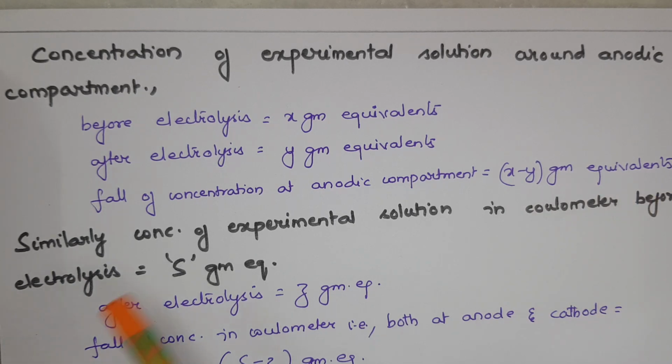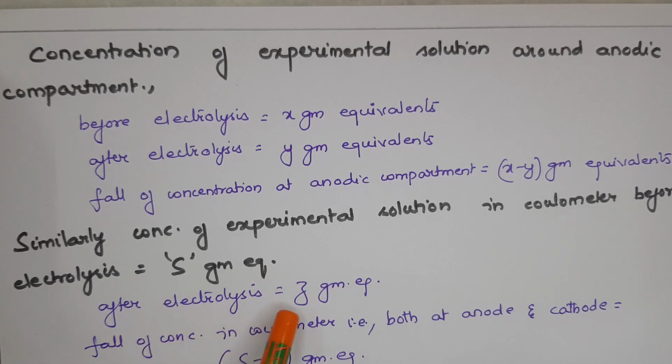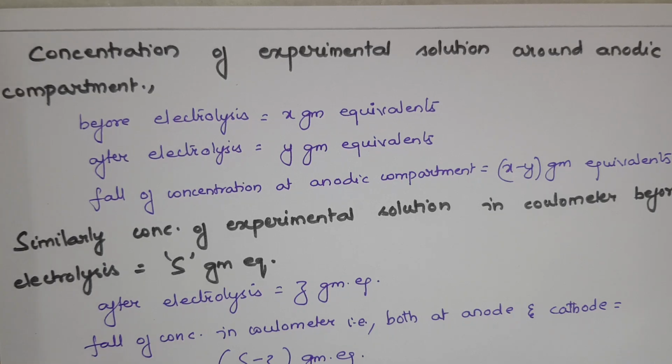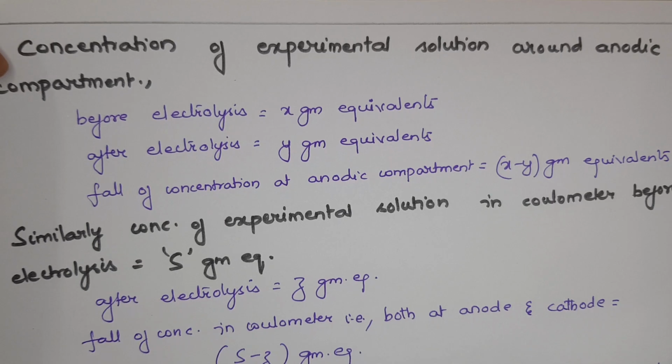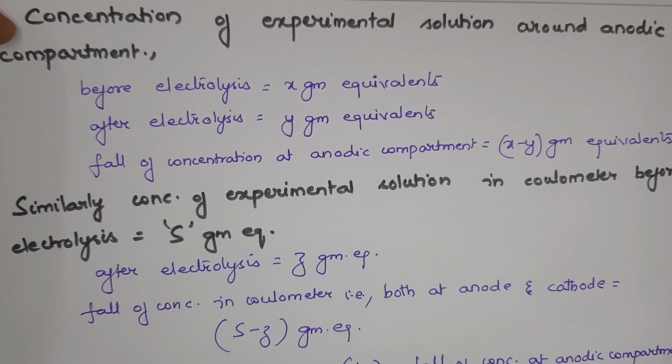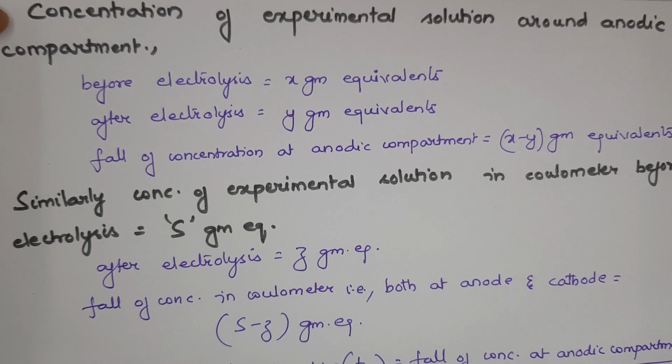Now similarly, the concentration of experimental solution in the coulometer before electrolysis, let us say S gram equivalents, and after electrolysis, let us say Z gram equivalents. Now the total fall in concentration in the coulometer, that is at both anode and cathode, will be S minus Z gram equivalents. Okay, students.